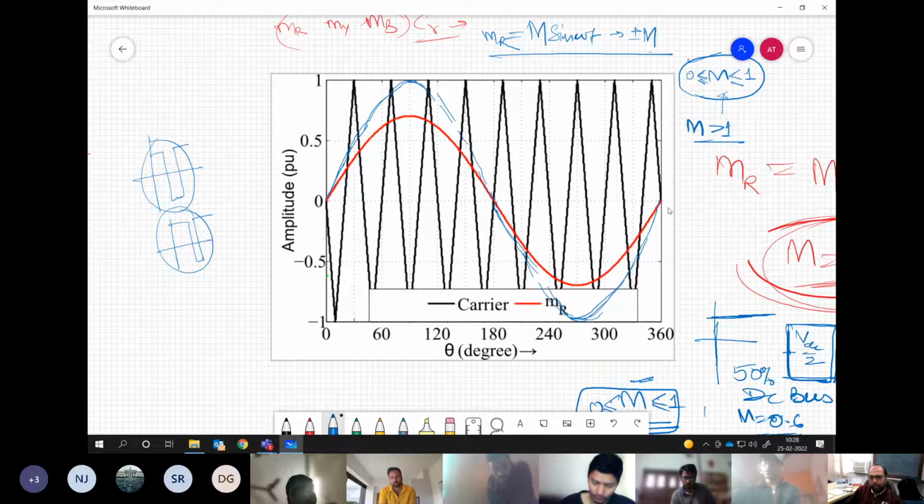If you can somehow avoid this peak from touching this boundary without changing anything else in the system, then you can achieve more than this. You can go for some higher modulation index, more than 1, which means you can get higher DC bus utilization than VDC by 2.